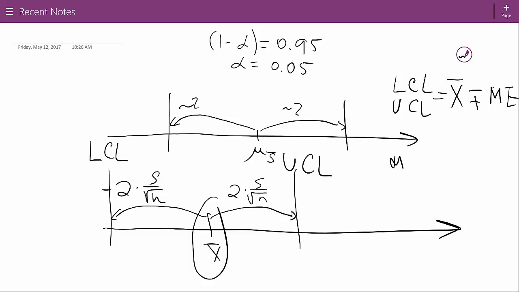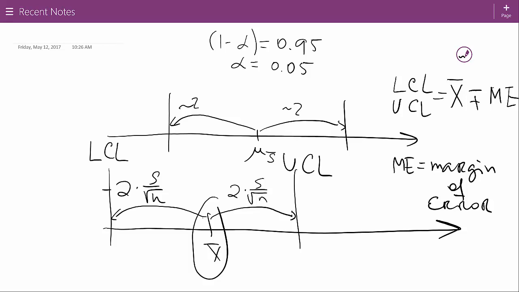ME stands for margin of error. Essentially, it tells you what the uncertainty is. If I want to be 95% certain, how far should I go to the right and to the left? Plus or minus a certain distance, the margin of error.